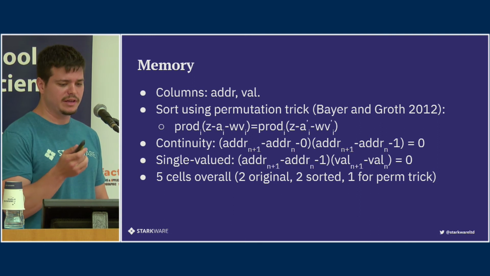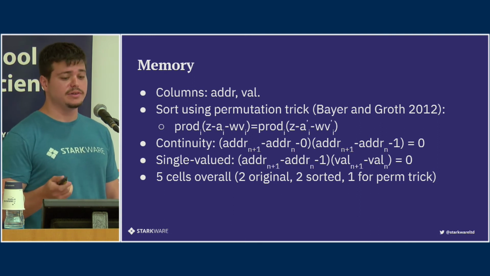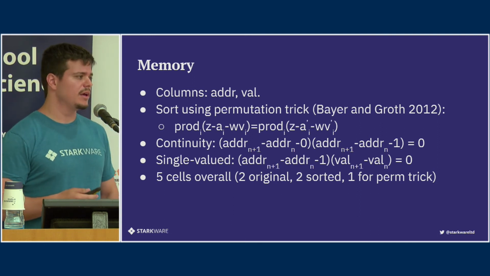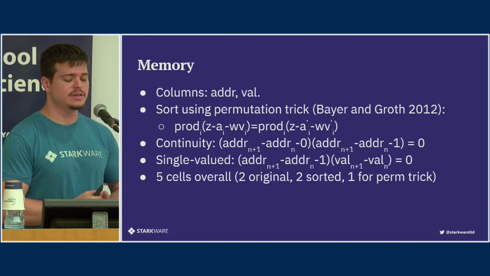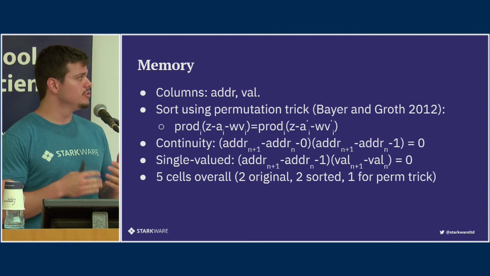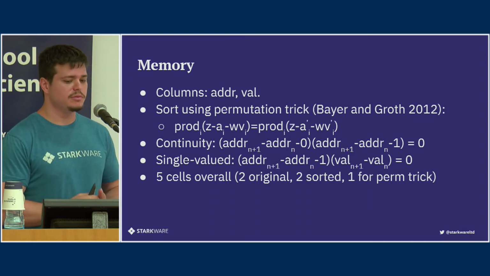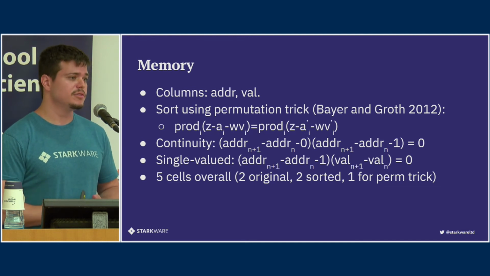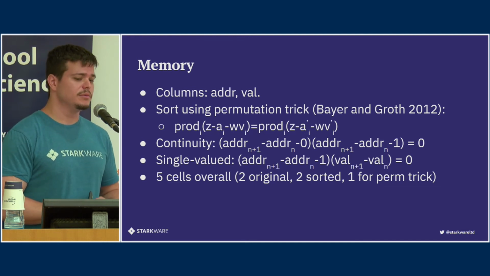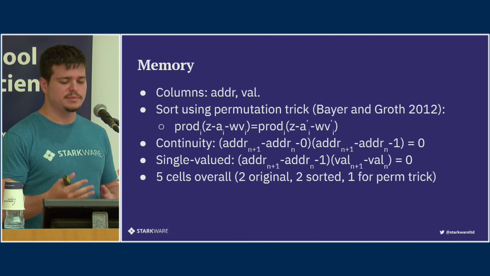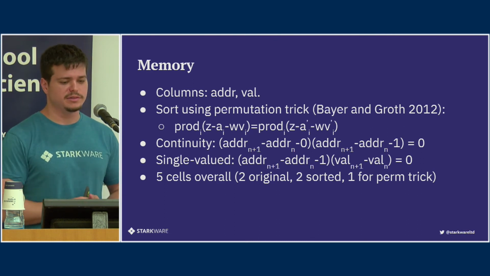We can have a column of address and value. What we want to prove on these columns is that every time we have 2 rows with the same address, both of the values are the same, which is basically a read-only memory. We want to prove that this is basically a function from address to value.